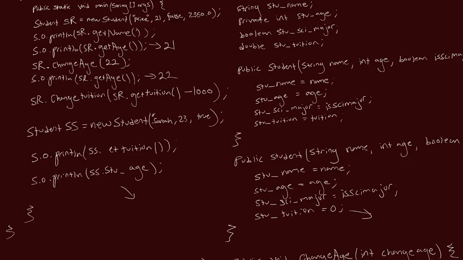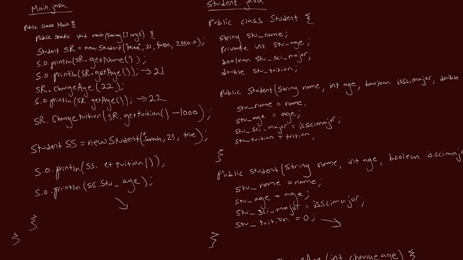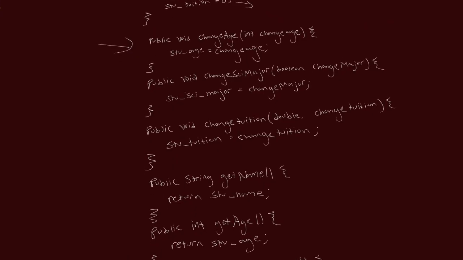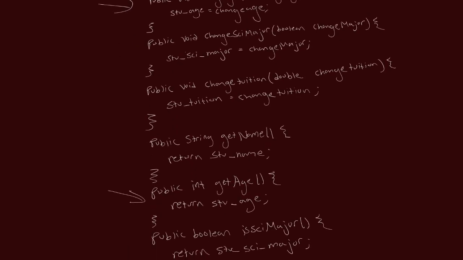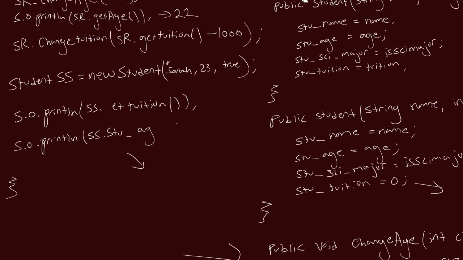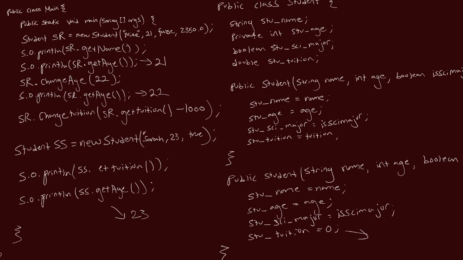The only ones who can view it are those inside this class, but outside classes cannot view it. The only way you can technically view it is if you call get age, because this is a public method. All right. So if you do get age instead, obviously you're going to see Sarah is 23. All right. And this also works for the other student, Mike. So yeah.